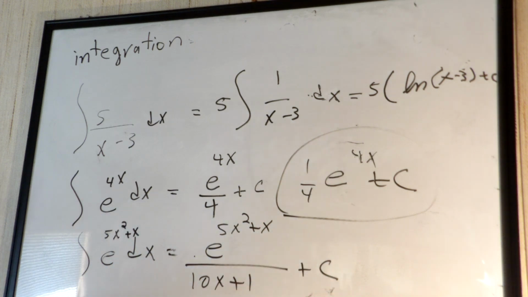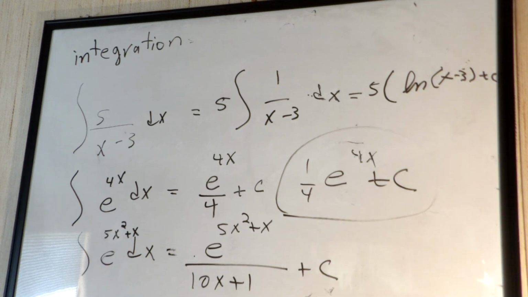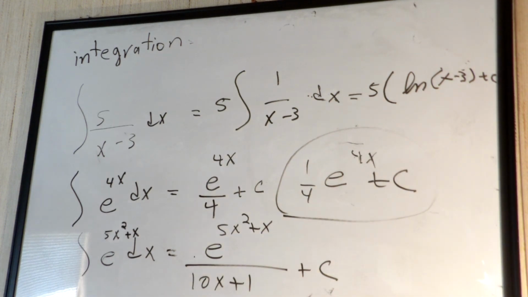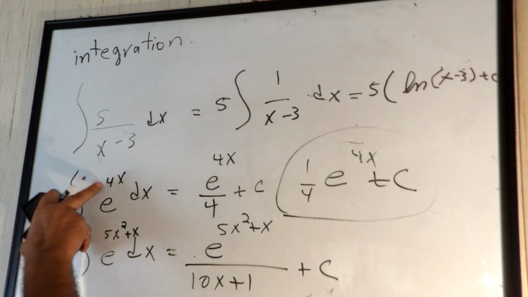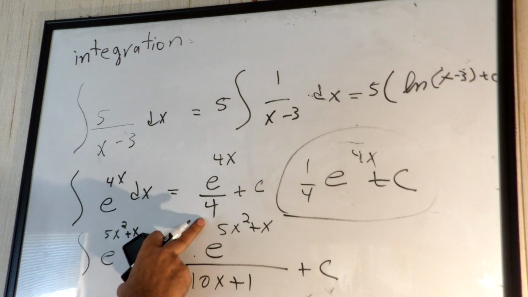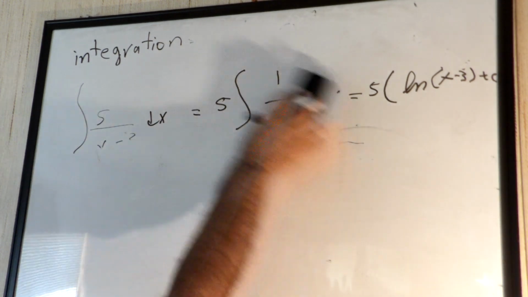That's going to be the answer. You always get the derivative of the exponent and write it at the bottom.